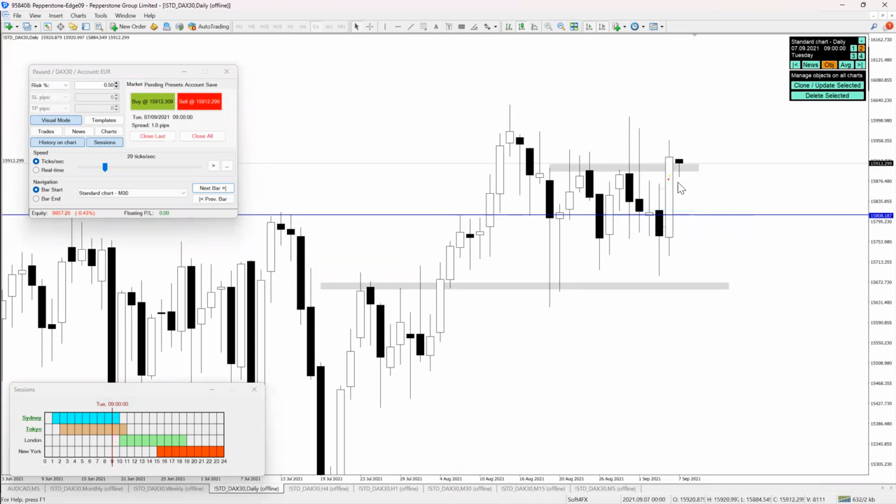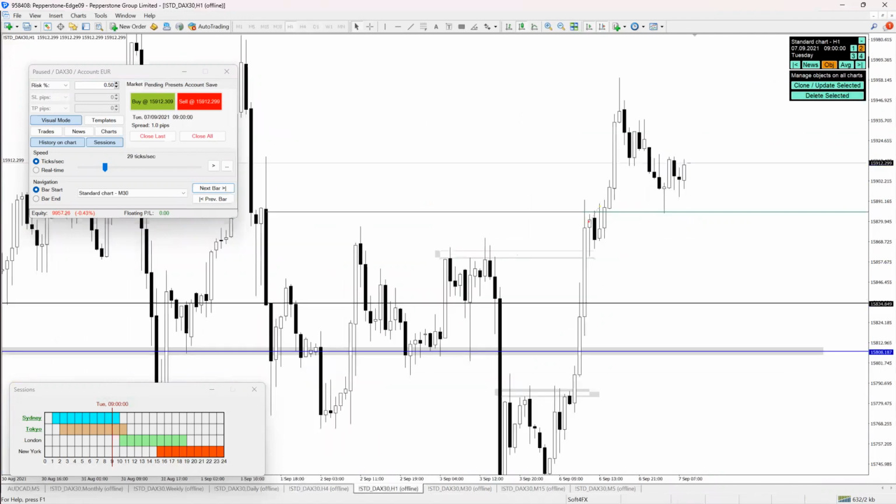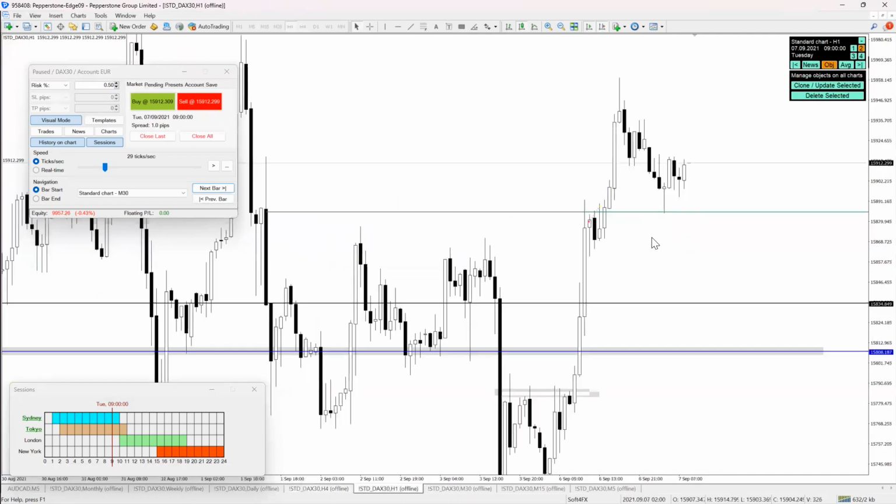Now we're just going to continue the momentum, probably. So 4 hour, I've come back, formed a support. Let's remove some of these. One hour, we're creating the support here.